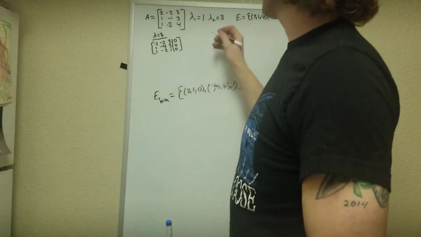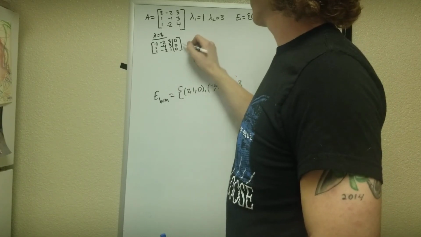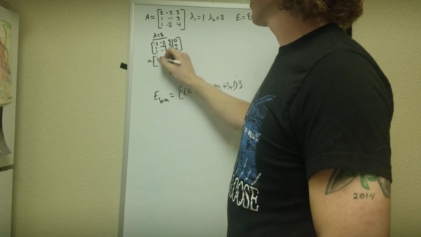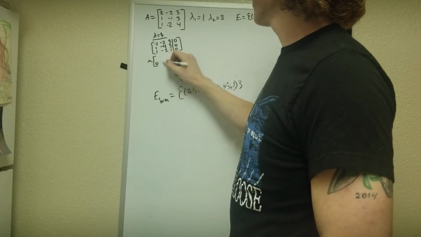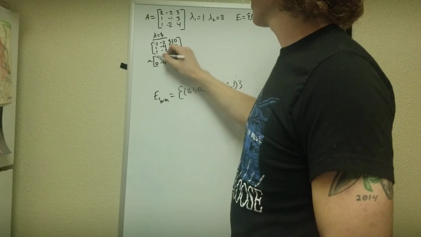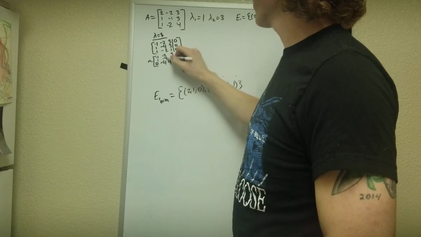So if we take row 1 and add it to row 3, we end up with negative 1, negative 2, 3, and 1, negative 4, 3.